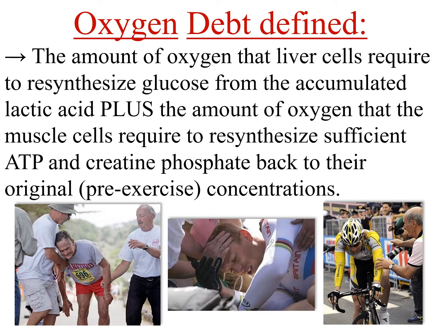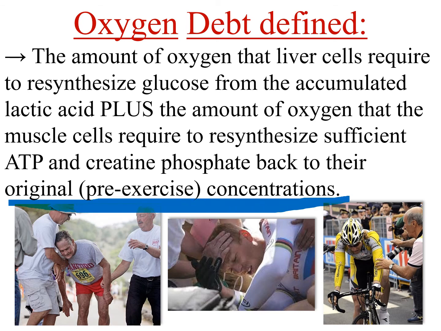So you've got to go back to that pre-exercise scenario, kind of reestablish that in the body before you can pay back the oxygen debt that has been accumulating inside the body.